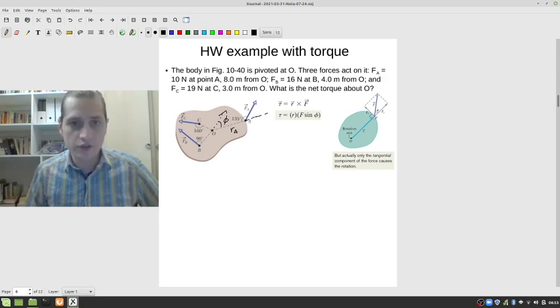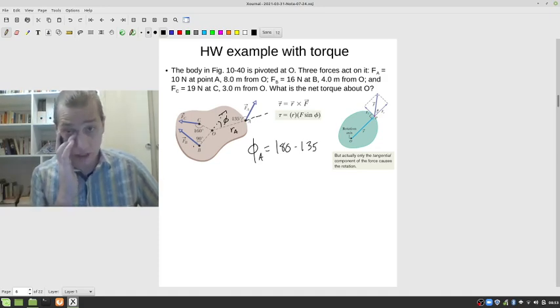And so for instance, for this one, your angle A would be 180 minus 135. Okay, so that's true for all of these. You have to correct the angle to make sure that you're looking at this angle rather than that angle. So this one, not that one.